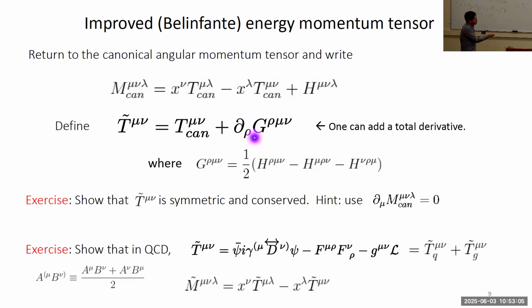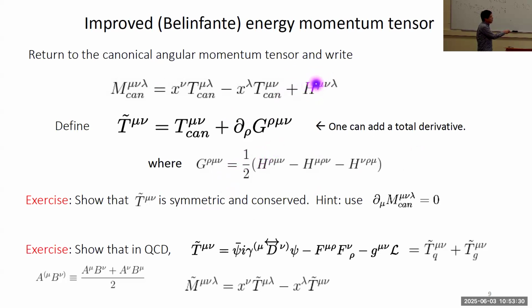So you can always do that. And if you choose this capital G very cleverly, then you can make this new energy momentum tensor gauge invariant and symmetric. So this is called the improvement, the Belinfante energy momentum tensor. And the choice that you have to make here is given by this expression, where H is a reminder here.